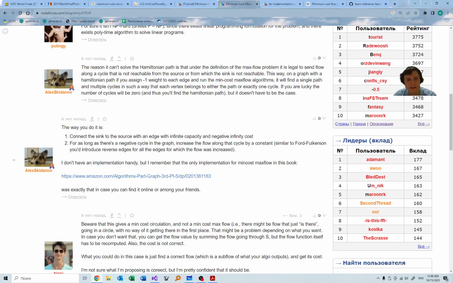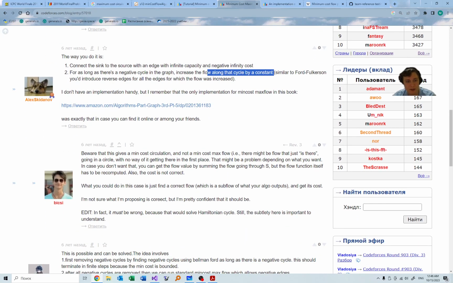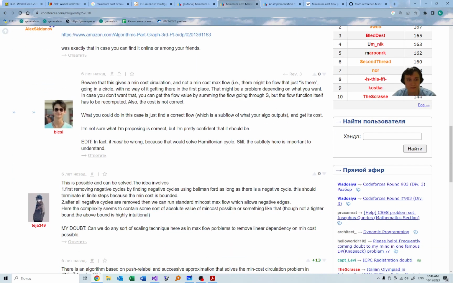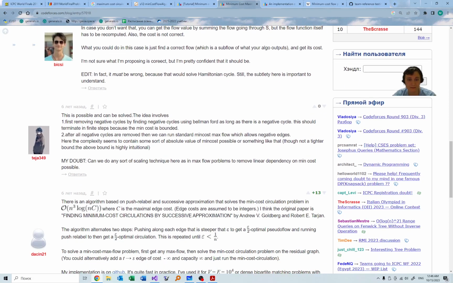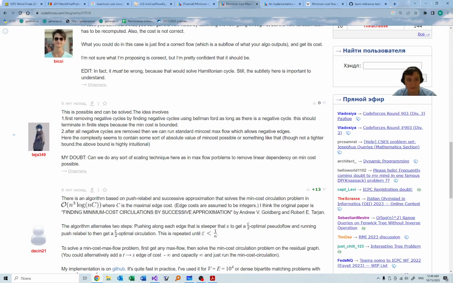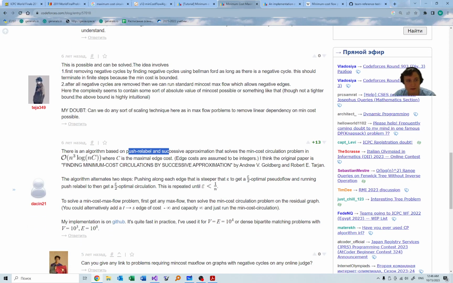How do I find the cycle of minimum length or minimum weight? And if I don't do that, it will be slow, and slow is not what I need. We do not want to use push relabel.